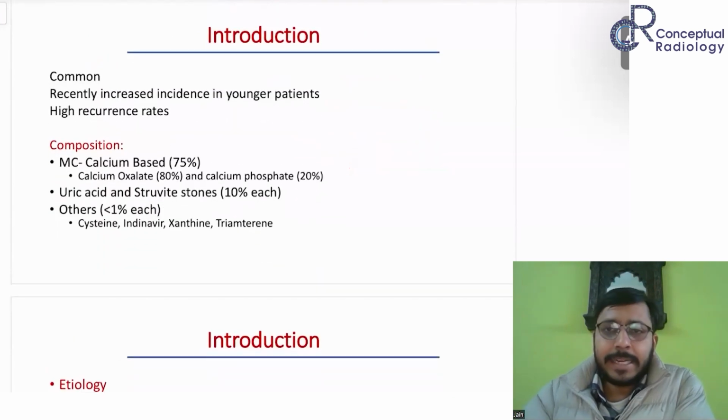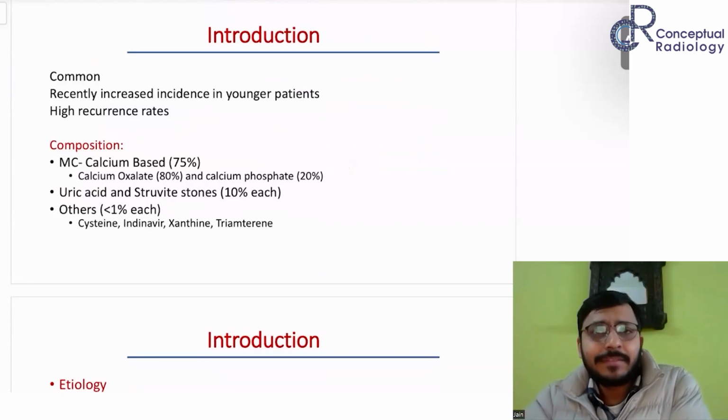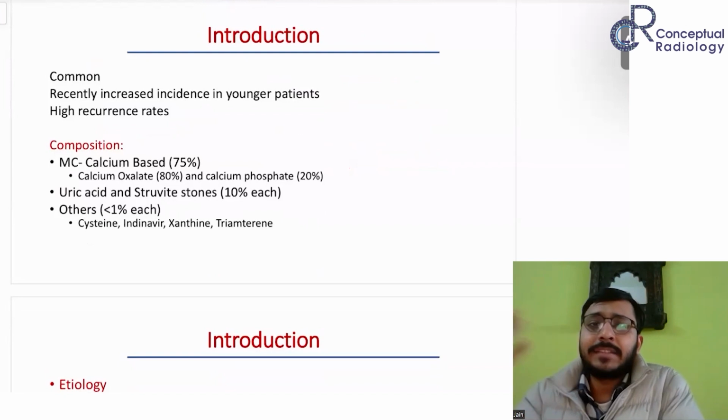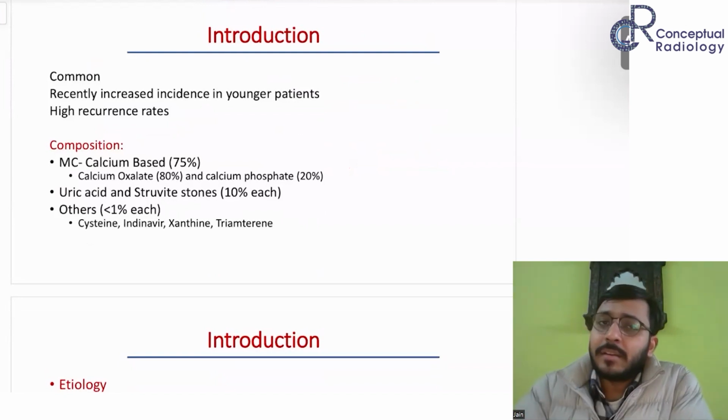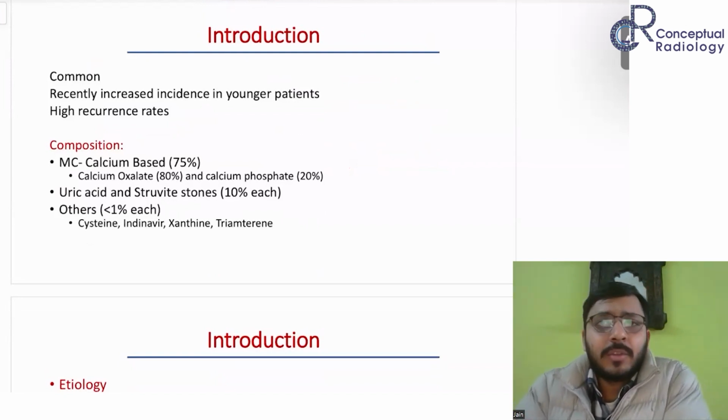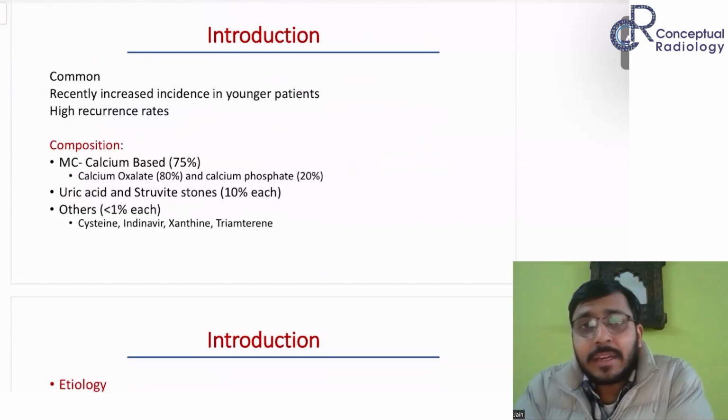So we know that renal stone disease is a very common pathology that you see day in and day out. And recently we have seen that the incidence has gradually increased even in the younger patients. So when I sit in my OPD doing ultrasound, even patients in the age of 25 to 26 have renal stone disease, mainly because of the water that we consume.